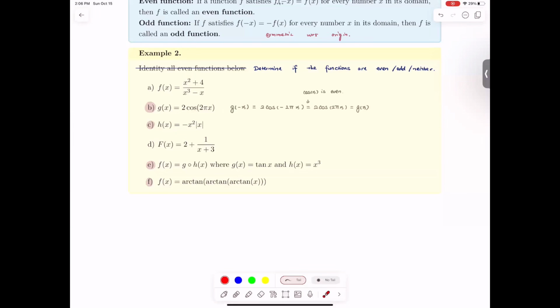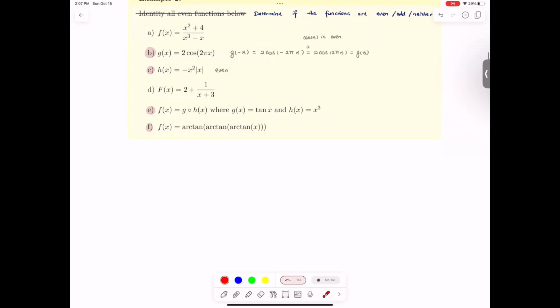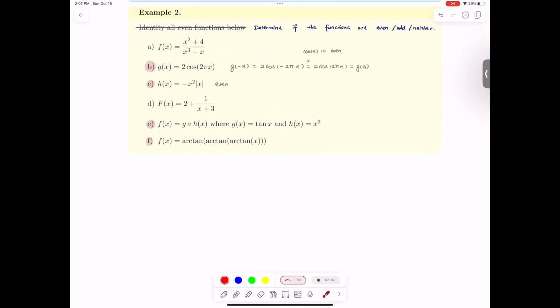Not just the square, there's an absolute value, and the absolute value will still be the same. They don't care if the inside is negative or positive. So it's also even, and you don't need to do any computation.